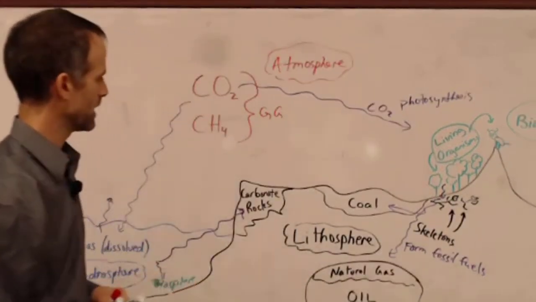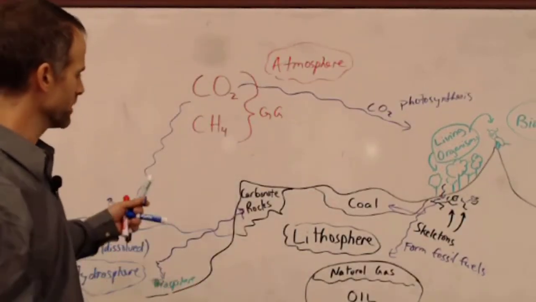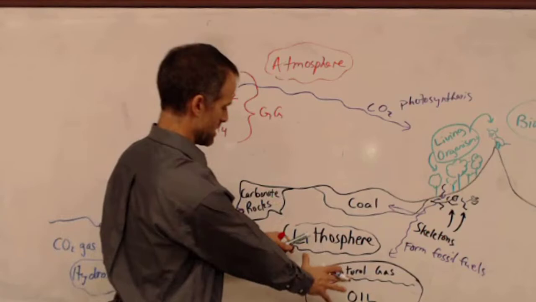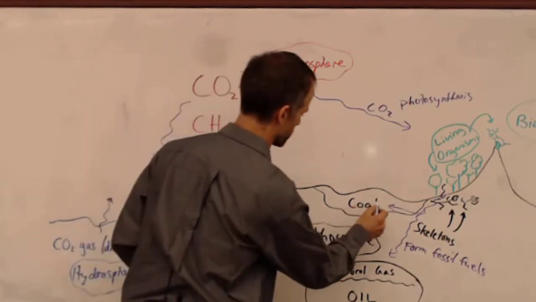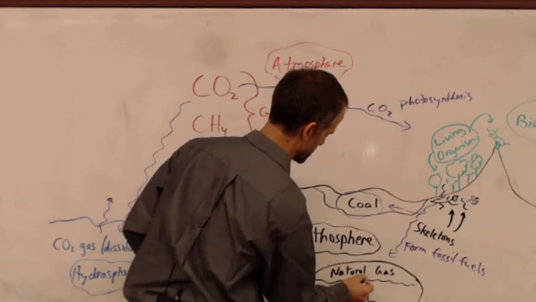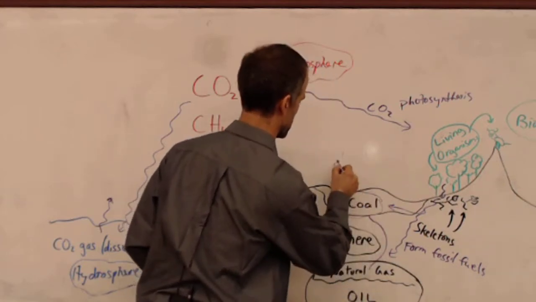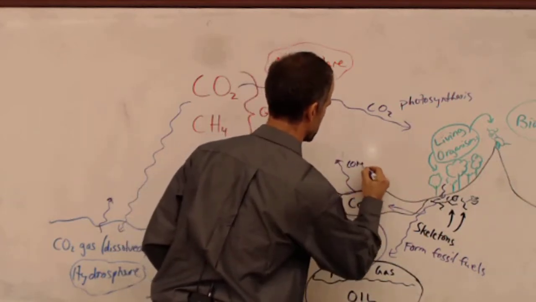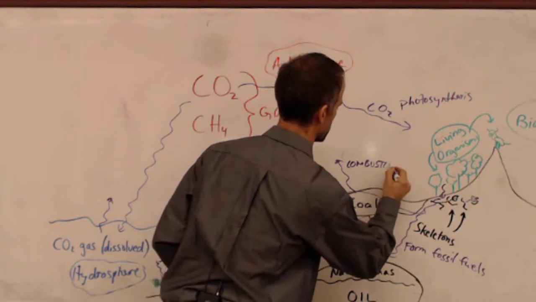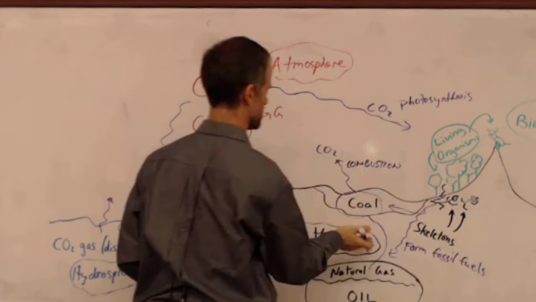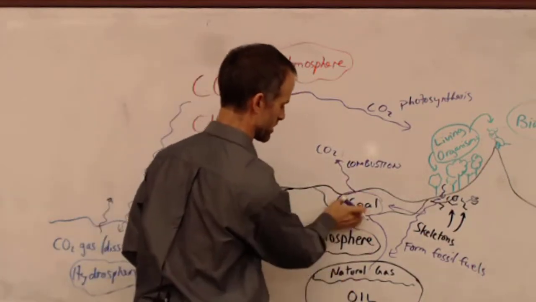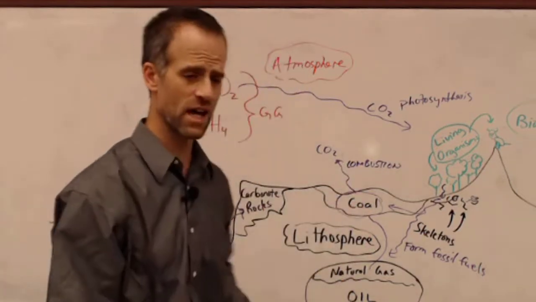You basically, how does carbon go from fossil fuels to the atmosphere? Well, that unfortunately is mostly us, humans, and combustion. When we burn those fossil fuels, the carbon that was stored as fossil fuels gets released into the atmosphere.